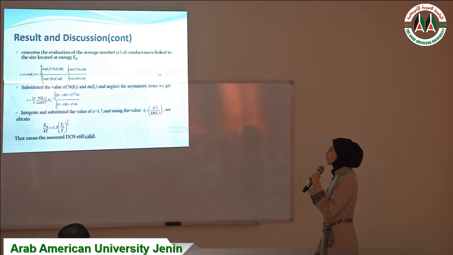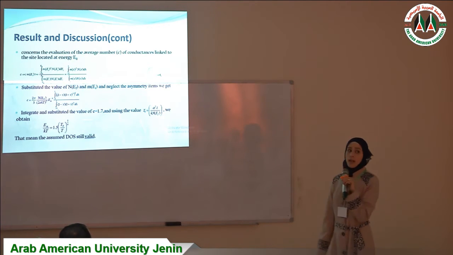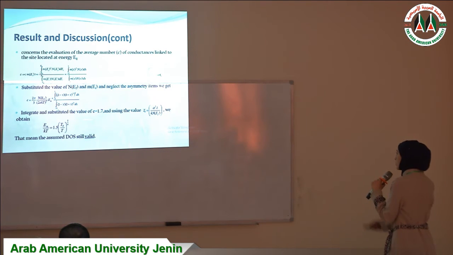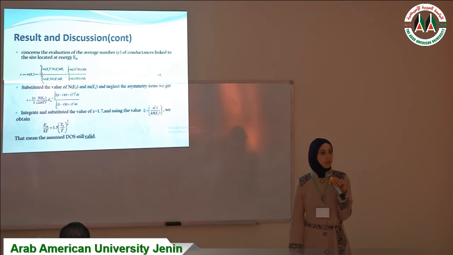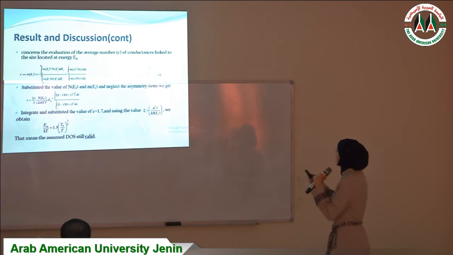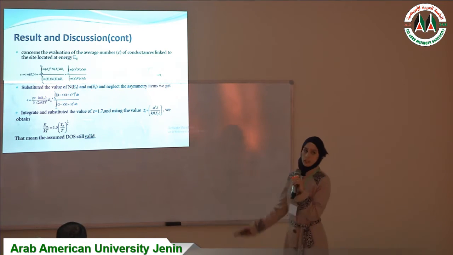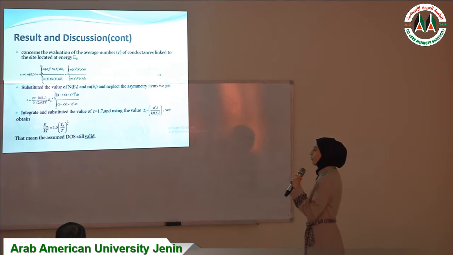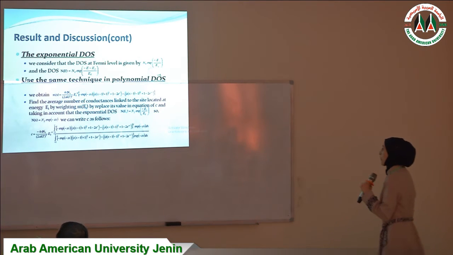Then we substitute N(E_F) and M(E_i) and neglect the asymmetry terms, and then we reach this relation for C. We know that C is a constant number, equal to 1.5. When we substitute the T0 value and C, we get this beautiful relation, which means that the assumed density of states is still valid with Mott's equation.